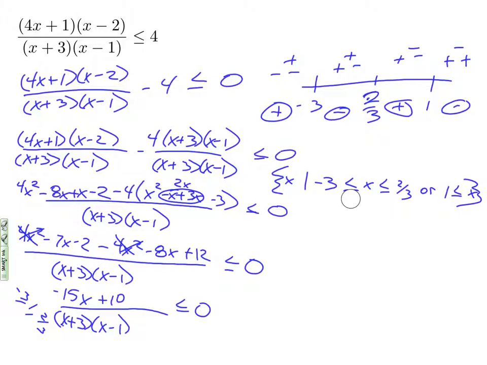This right here cannot be equal to, and this right here cannot be equal to either. Because what are negative 3 and 1? They are asymptotes. And you cannot equal something that's an asymptote. So whenever you write your solution, make sure you do not have equal to on those. That's an outstanding catch. Very nice.